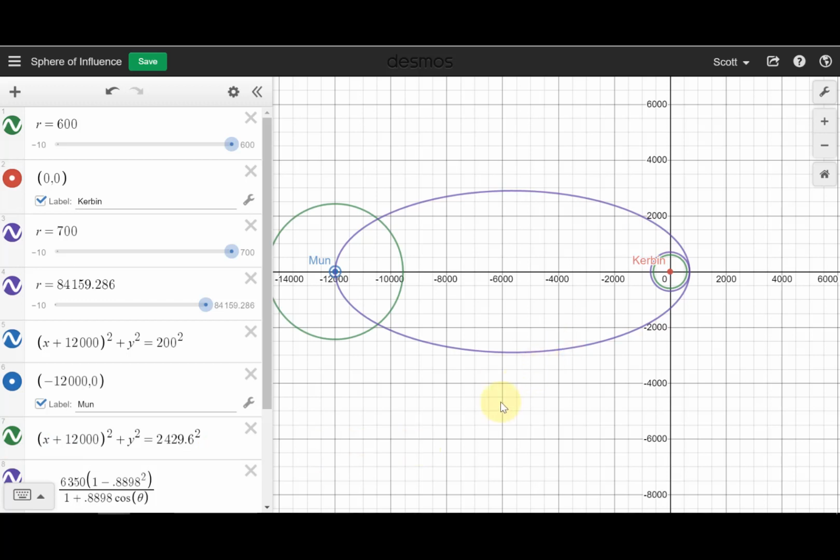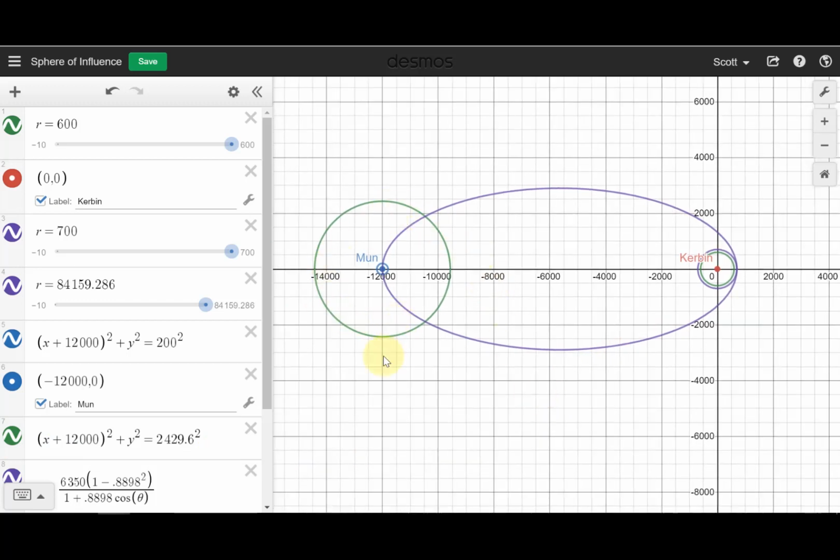That's the radius there, 2,429.6, roughly the size of the sphere of influence of the Mun. So as we travel along this elliptical orbit about right about here, the path will no longer be influenced by Kerbin. Instead, it'll be influenced by the Mun.